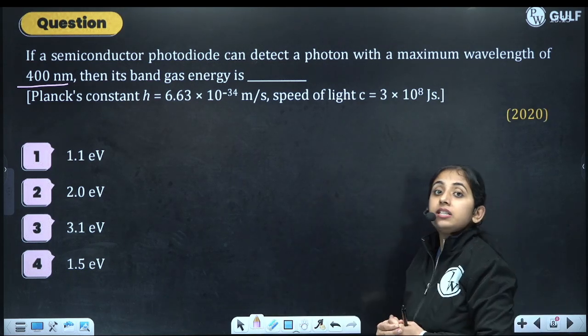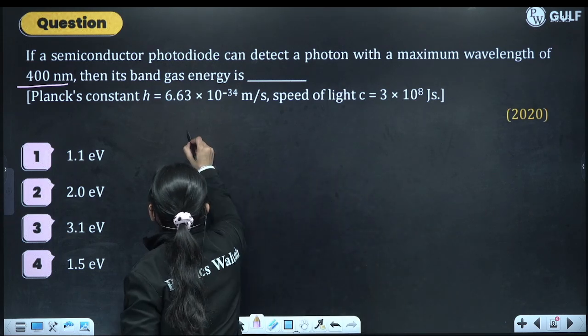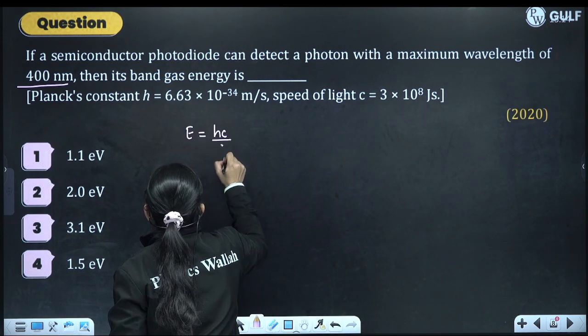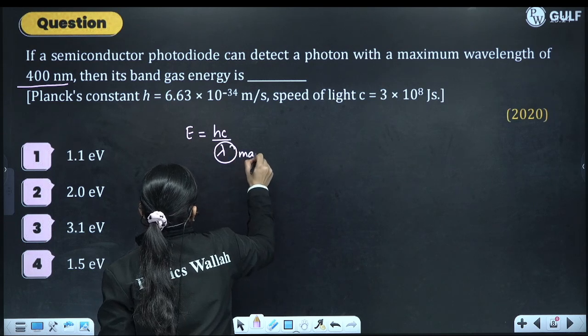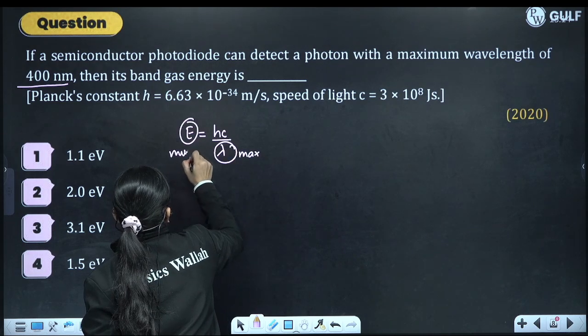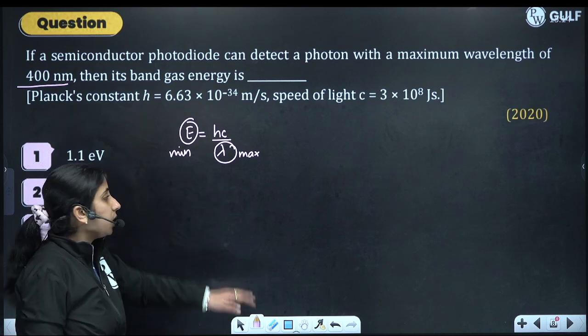Maximum wavelength means minimum energy, because energy is equal to hc by lambda. So when lambda is maximum, E will be minimum.